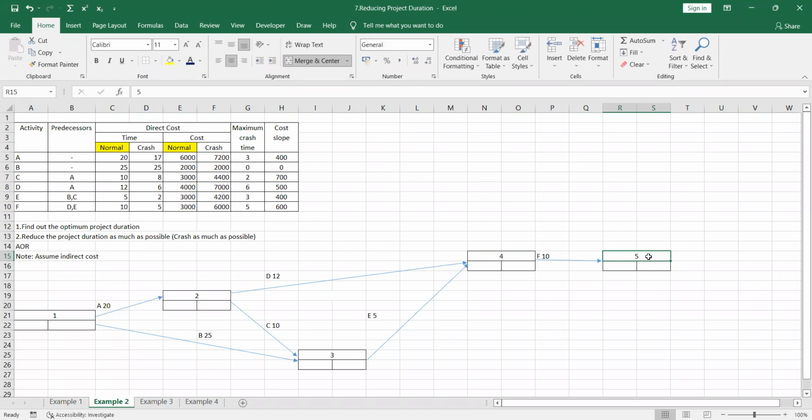So we have now drawn the project network. Have you all completed up to this point, drawing the project network?